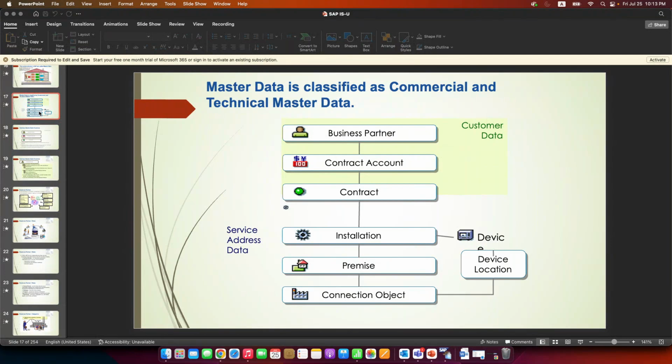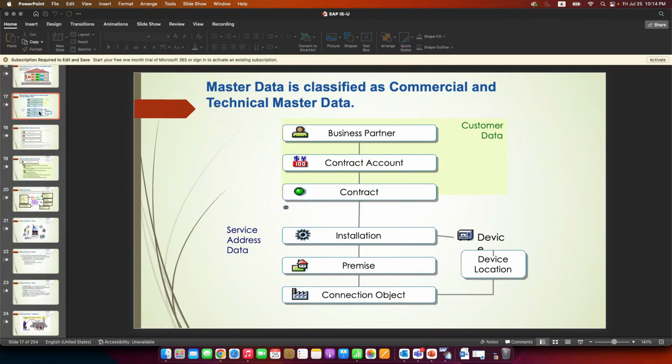And simply speaking: tolerance limit, clearing category, payment terms, account determination ID, invoice checking group, bill print, company code information, tax information, incoming payment methods, outgoing payment methods, tax exemptions, dunning and collections, document postings, document restrictions. There is so much detailed agreement we're going to have, and that agreement is called contract account.